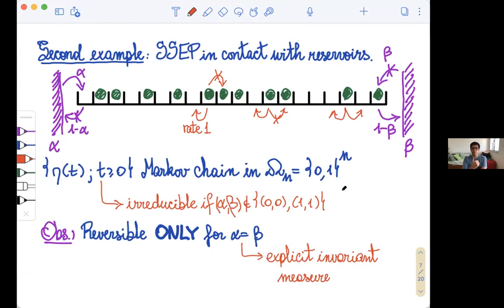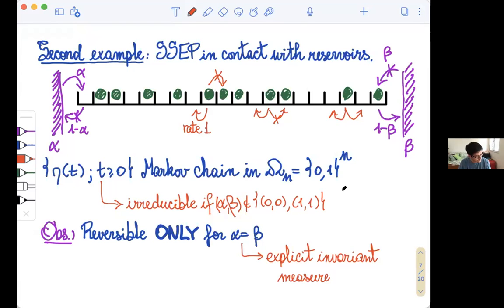If alpha is different from beta, the invariant measure is non-trivial. In this particular situation, it can be described in a very complicated way.